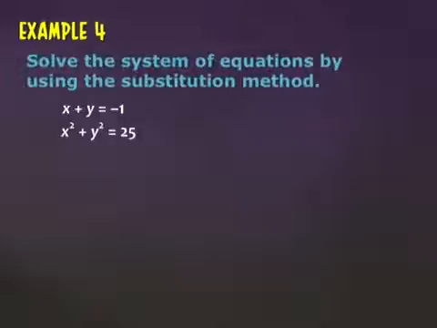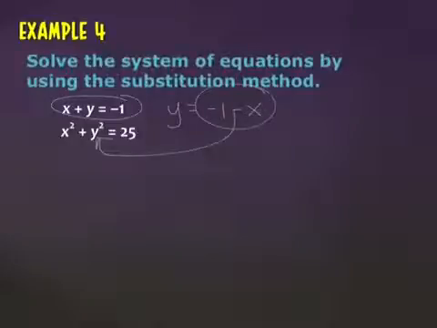Let's solve for y. So we're going to take this equation and solve it for y, which means subtract the x. Now that I've used that one to solve for y, I have to take that and plug it into the y in the second one. So x squared plus (-1 minus x) squared equals 25.